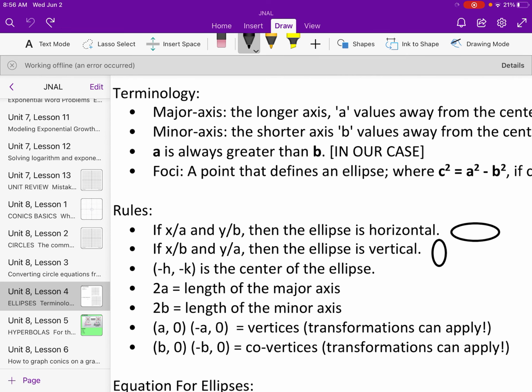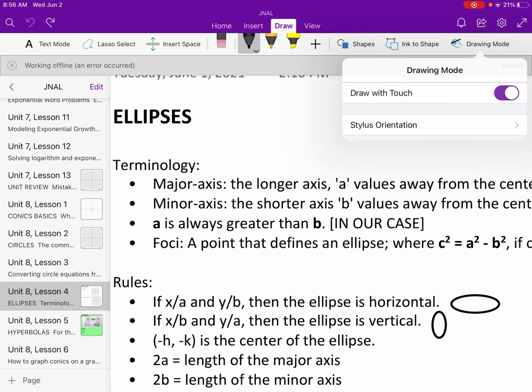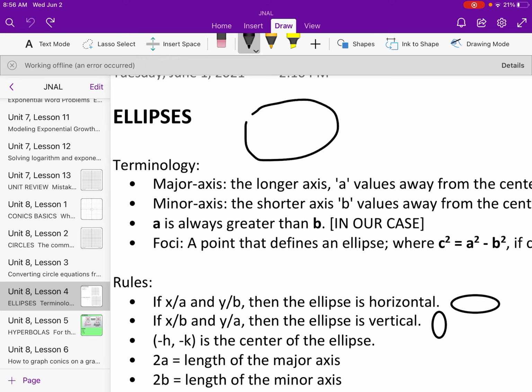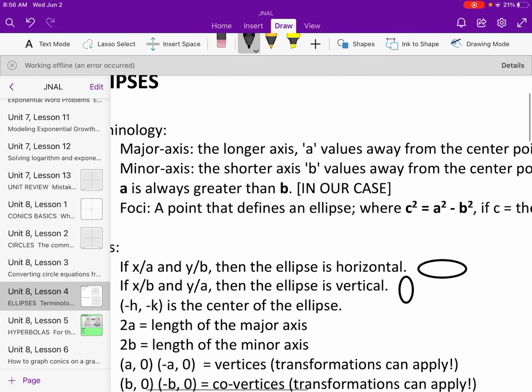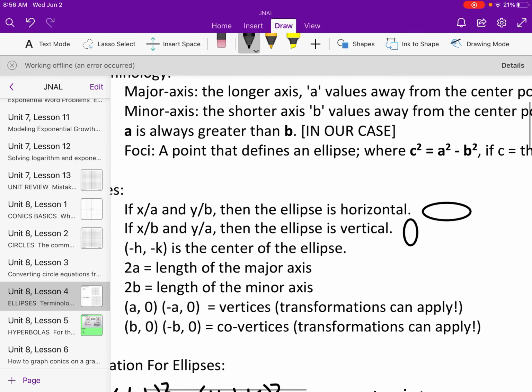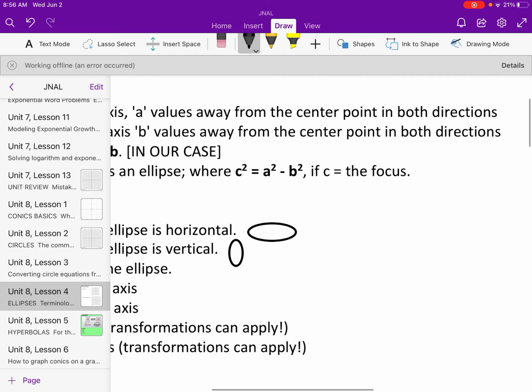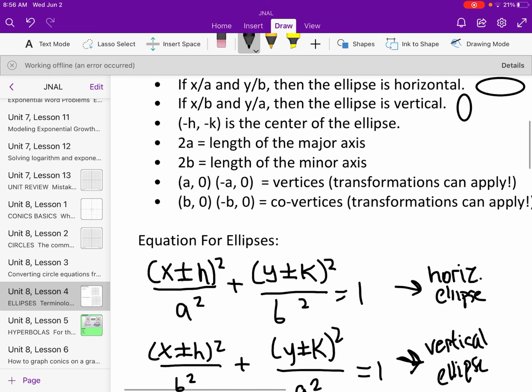There's a major axis. This is just a longer axis. And by axis, I mean if we have an ellipse like this, for example, here's the major axis because it's the longer one, and here's the minor axis because it's shorter. So there are major and minor axes. And then it is a values away from the center point. We'll see what a is because we'll have the equation down here.